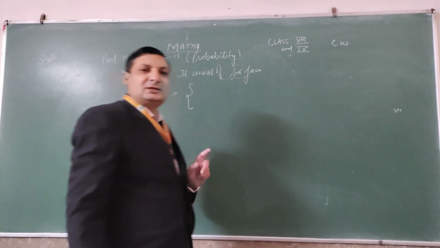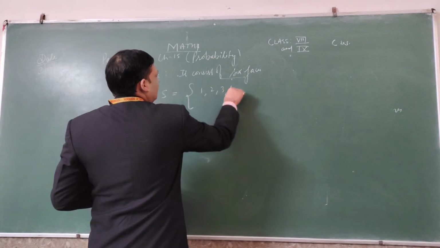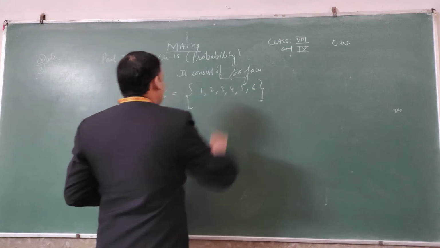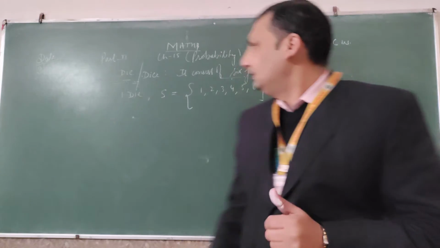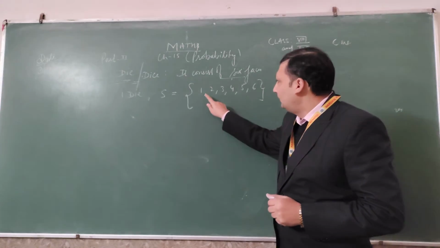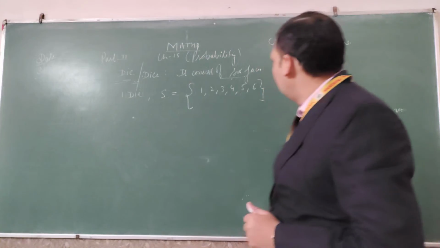In one die there are 6 faces. The possible outcomes will be 1, 2, 3, 4, 5, 6. These are the possible outcomes when we toss one die. So 6 are the possible outcomes.